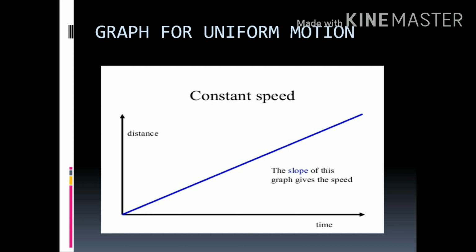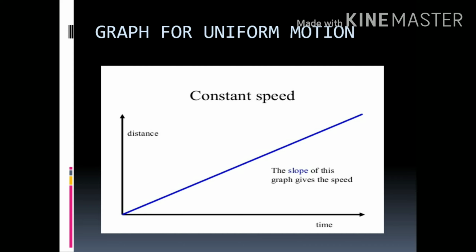In the case of uniform motion, if we plot a graph between distance and time taken, then we will have a straight line like this, and the slope of this graph gives the speed. Here x-axis is taken as time and y-axis is taken as distance, and the graph obtained is a straight line passing through the origin, and the slope of the graph will give us the speed.